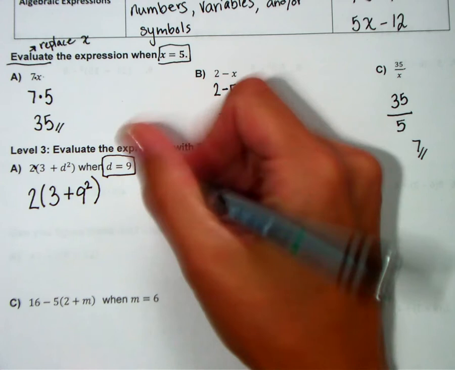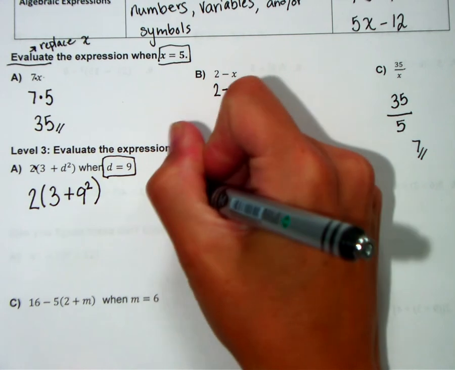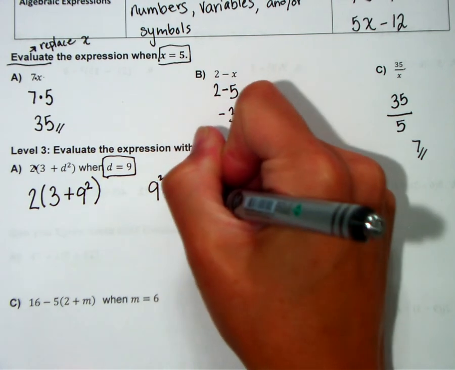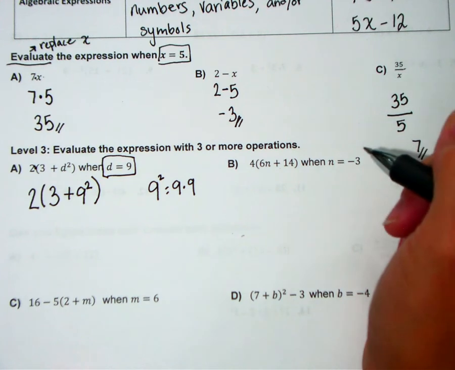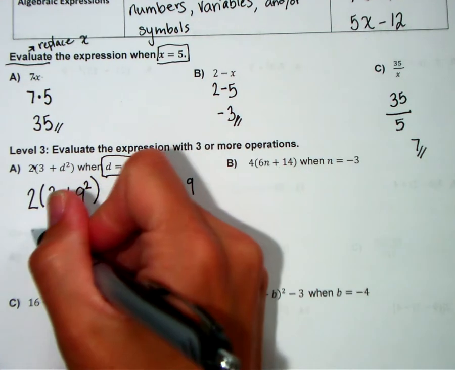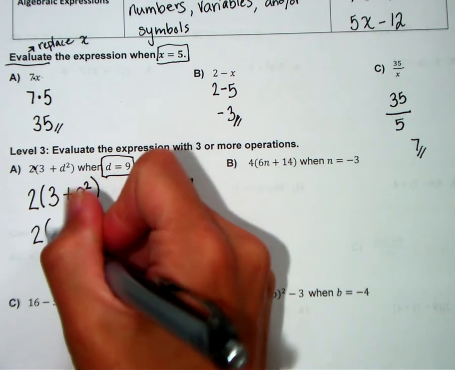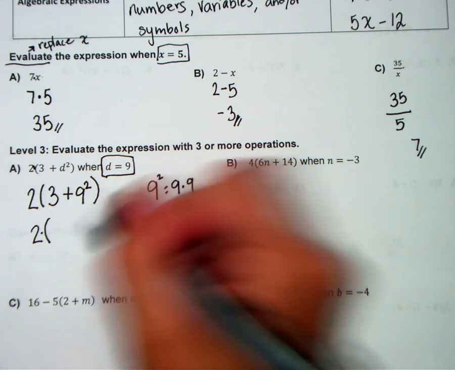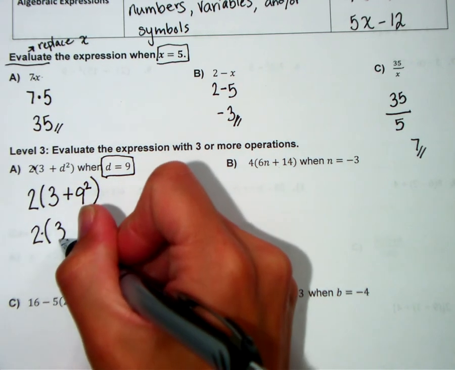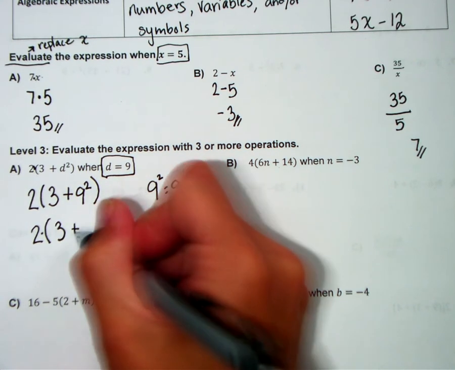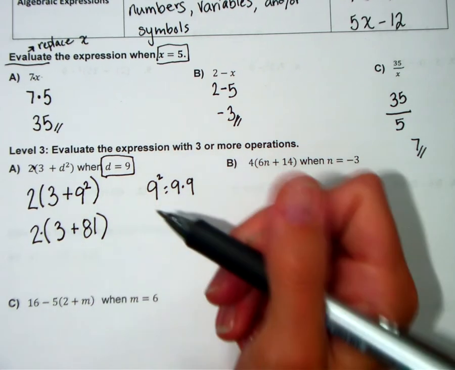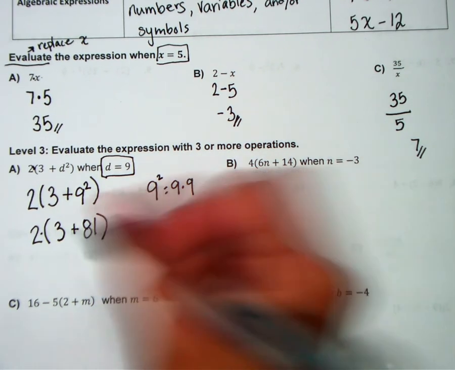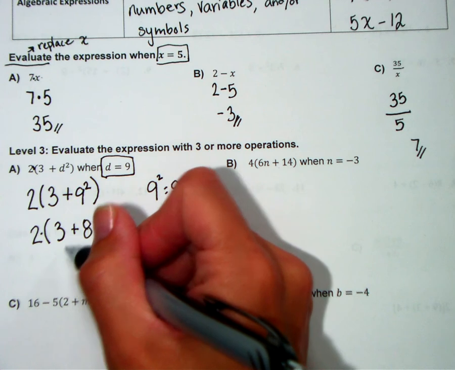So I'm going to write that over to the side. 9 squared is 9 times 9, okay, which is 81. So we're going to do that part first. So 2 times, so there's a times there if you need to tell yourself that, 3 plus 81, that's 84 if I do my parentheses.